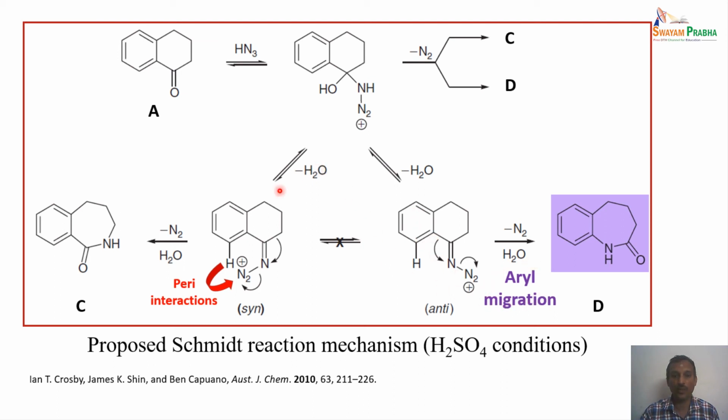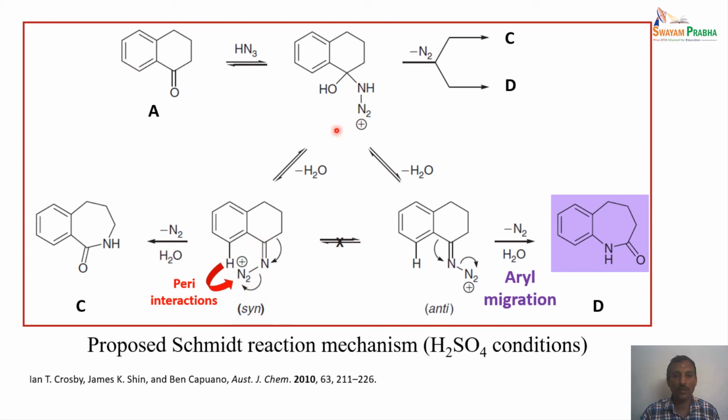Now the loss of water can also produce a syn isomer, because we have the anti-isomer and the syn isomer. The anti-isomer is the one which is formed, because in the case of the syn isomer, there are peri-interactions from the hydrogen that is present here. So this hydrogen and this nitrogen are in close proximity, and due to steric repulsion, this syn isomer is not formed.